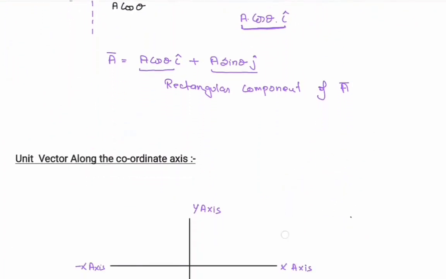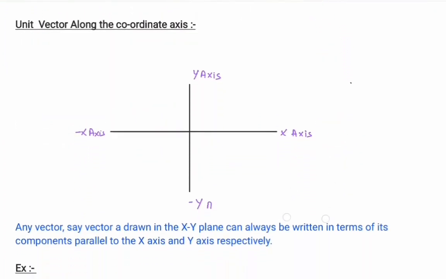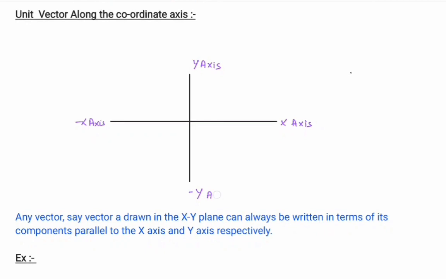Now we will discuss the unit vector along the coordinate axis. We are going to discuss the unit vector along the coordinate axis in a Cartesian coordinate system. Here we are going to discuss the x-axis and y-axis. We will introduce the z-axis later. Suppose this is the x-axis and this is the y-axis.